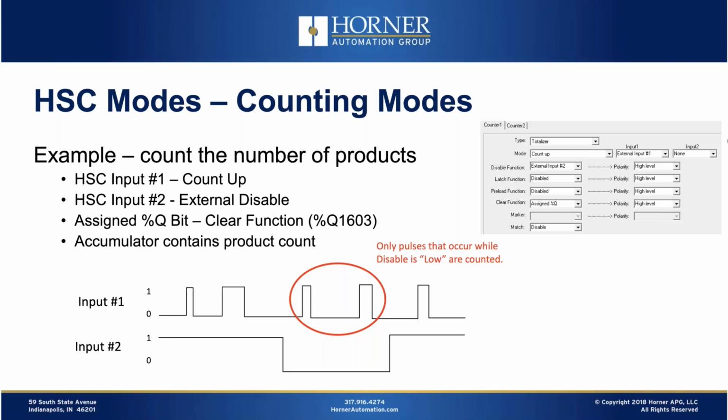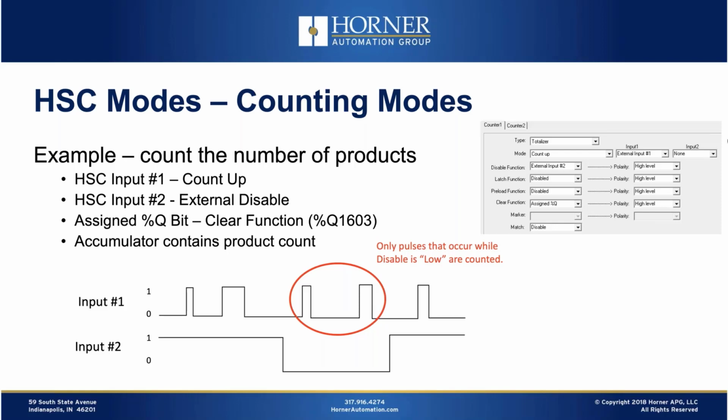Now, in this application, I've configured it such that I don't always want to count. So I have allocated real-world input number 2 as an external signal that will disable the counter when it's high. So I will only count whenever the disable signal is not asserted, or low, and I get pulses coming in to my first input.